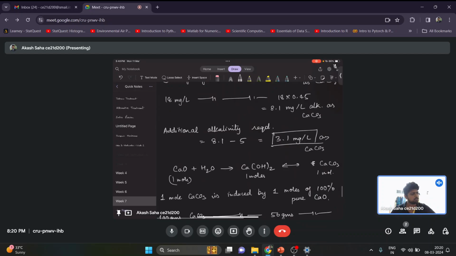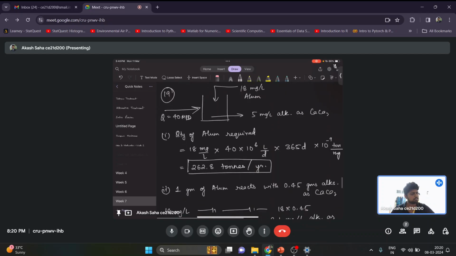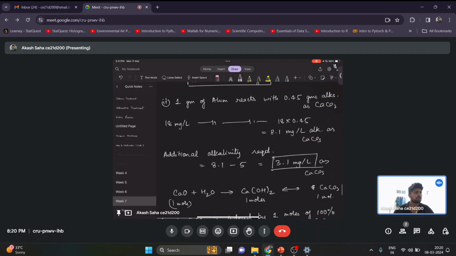So we can go through it once again. First we calculate the alum requirement. Directly we multiply it with the discharge. Then we know that 1 gram of alum reacts with 0.45 grams of alkalinity as CaCO3. So 18 milligram per liter will react with 8.1. Now 5 is already present in the system, so 8.1 minus 5, additionally 3.1 is required.